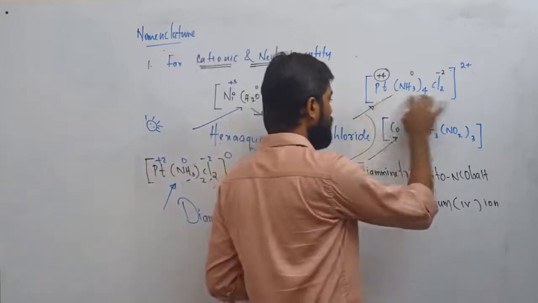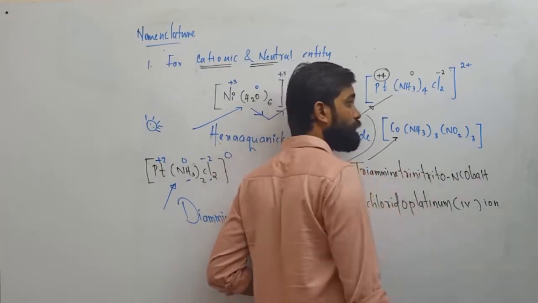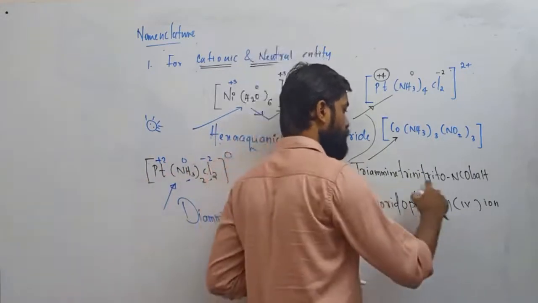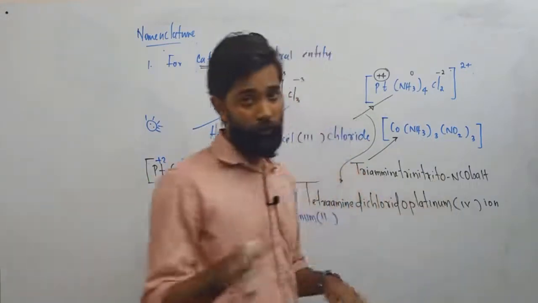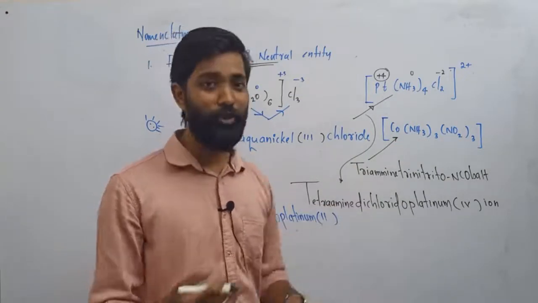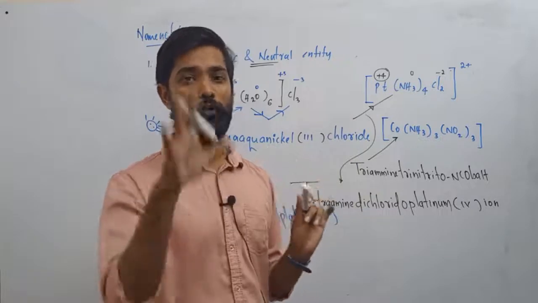So anything enclosed in a coordination entity is usually written without space. Okay, ready? Fine. So you should write this in this pattern, but you are dealing with objective questions, so there is no problem because the names are already given in the choices. So you simply look at the molecule and choose the choice.